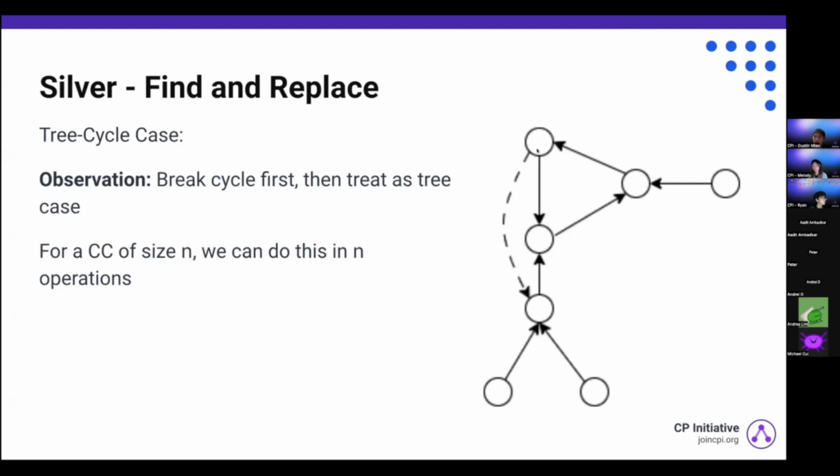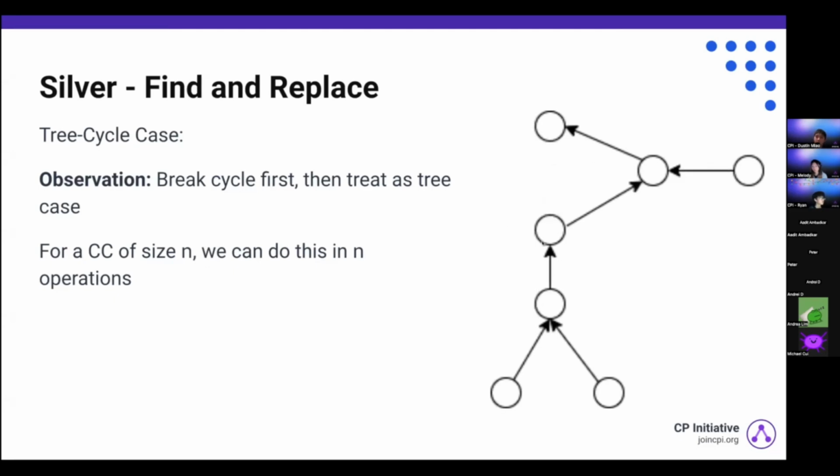So then we can just merge this node with this node because they have the same target. And then we can reduce the problem to a tree, which we've already talked about. So this also takes n operations.